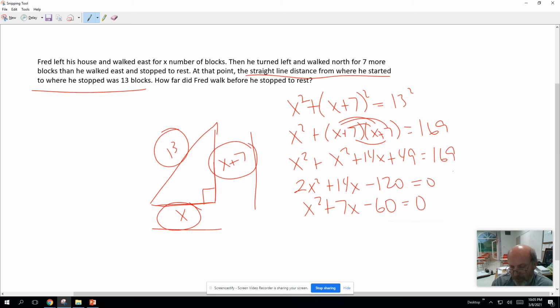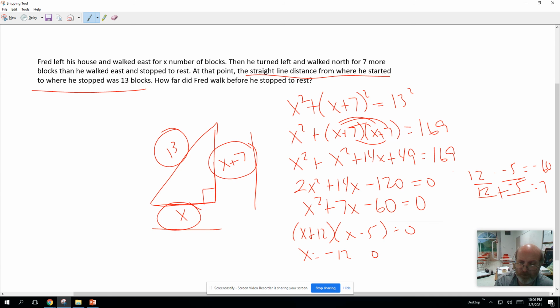You could use the quadratic formula to solve this if you need to, but I can also see that this is going to be x plus 12 because two numbers that multiply to make negative 60 and add to make positive 7 are 12 and negative 5. So that means this becomes x plus 12 times x minus 5 equals 0. So x equals negative 12 or x equals 5.